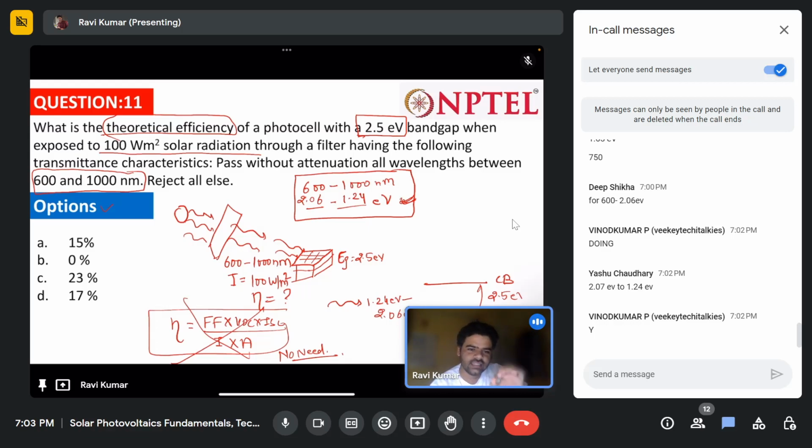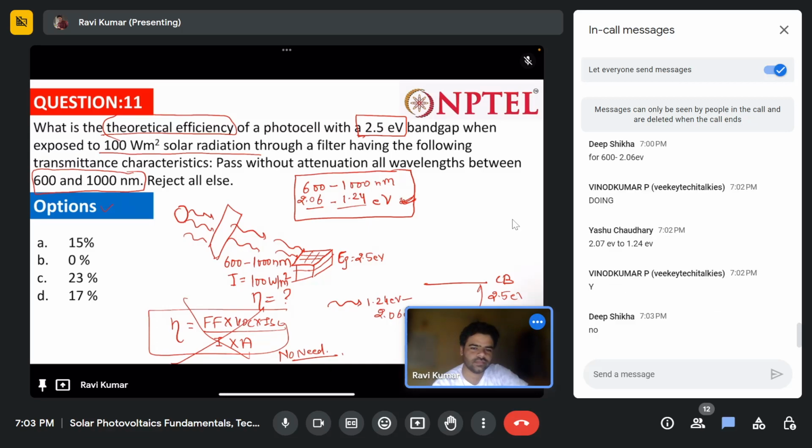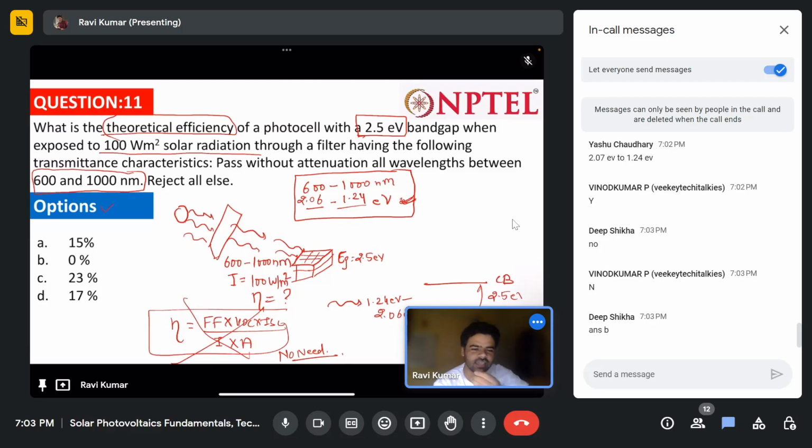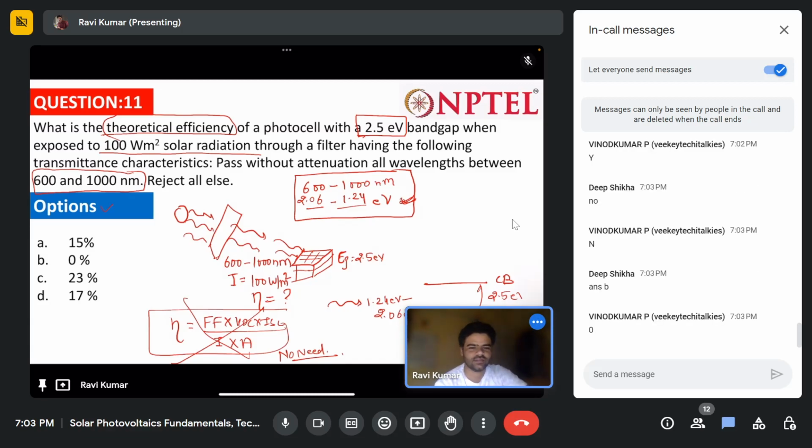Will any charge carrier be generated here? No. Then what will be the efficiency? Yes, it will be zero. So that's the catch.